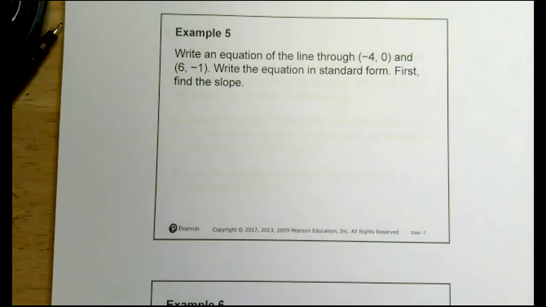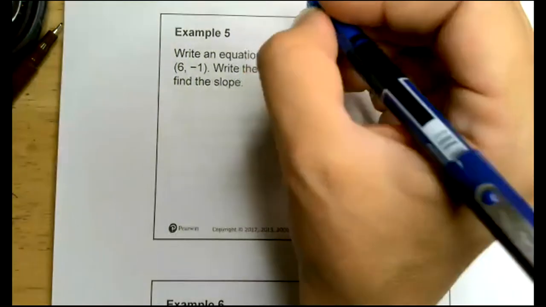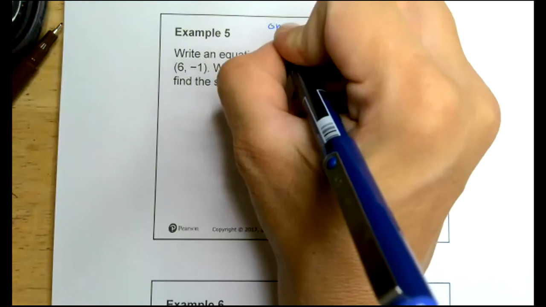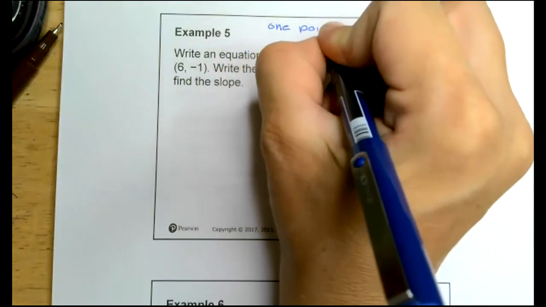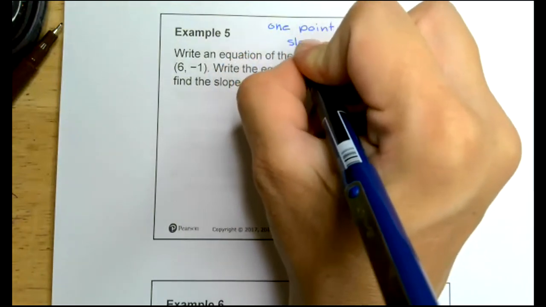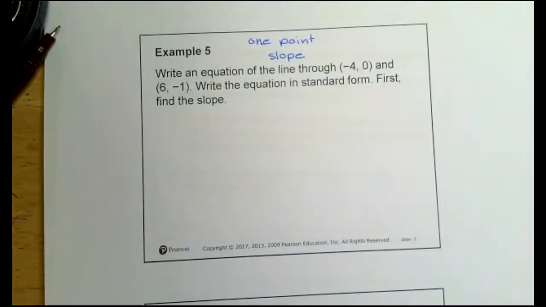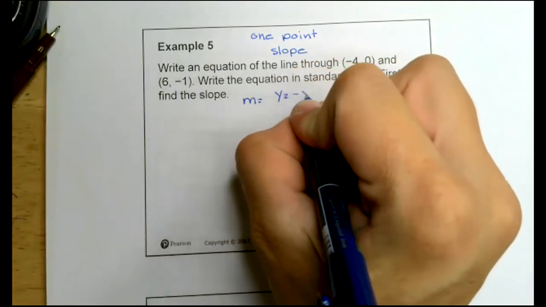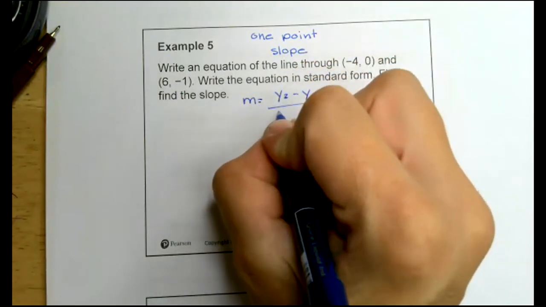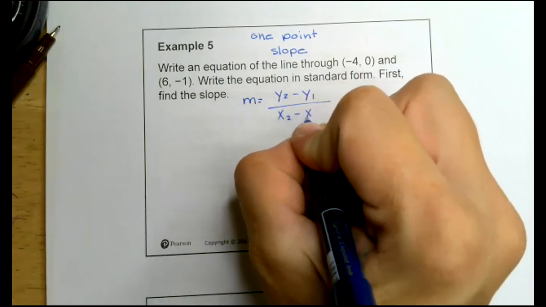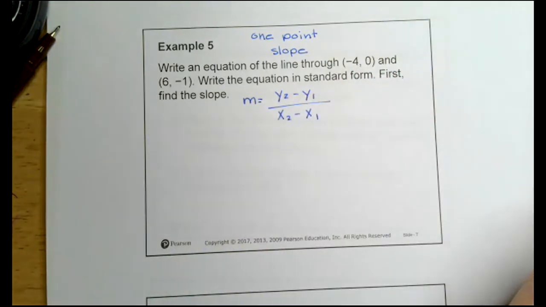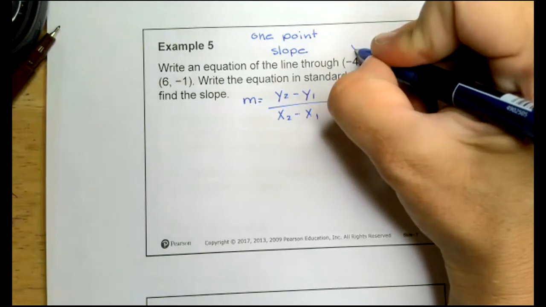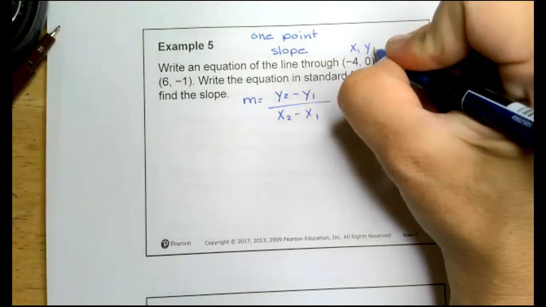An equation in standard form, I will need at least one point, and I need the slope. So to find the slope, I will always use the slope formula. M is y2 minus y1 over x2 minus x1, okay? And these are our 2 points. So this will be our first point, x1, y1.